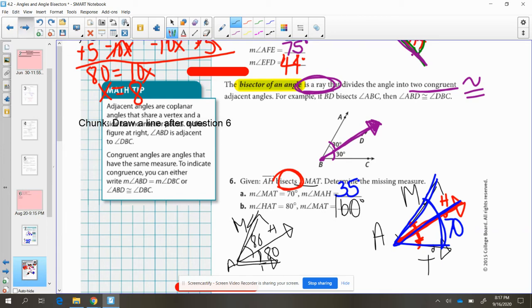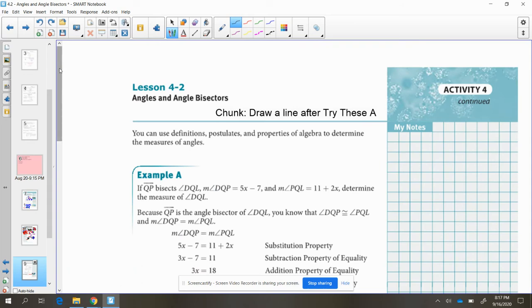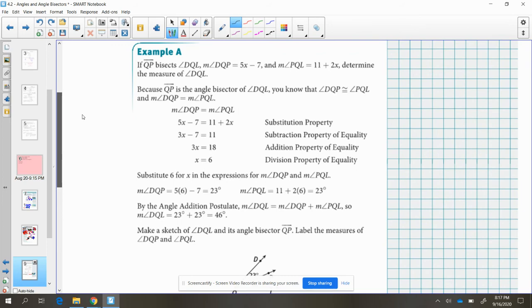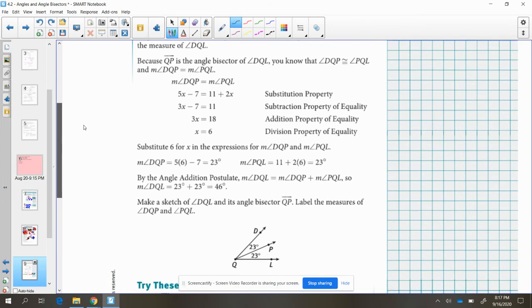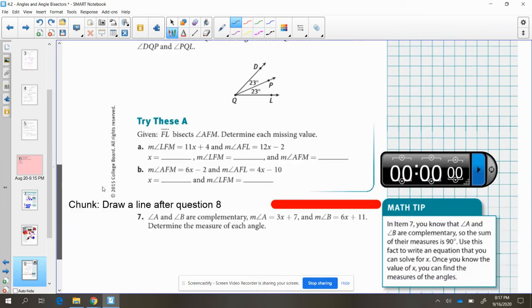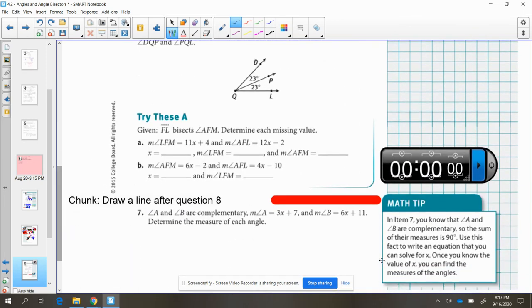Okay. Now, moving right along again, they give us another example. And again, always start by drawing your picture and labeling so that we can easily identify what's our small angle, what's our big angle, and it will also help us to solve for missing pieces as well.